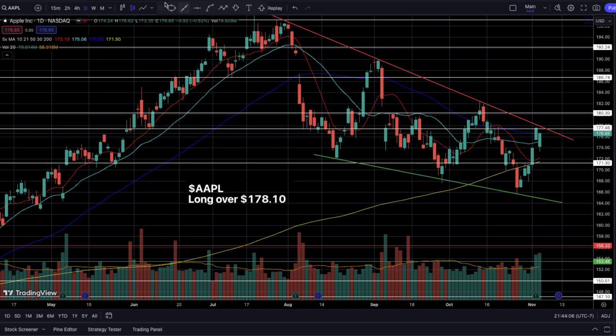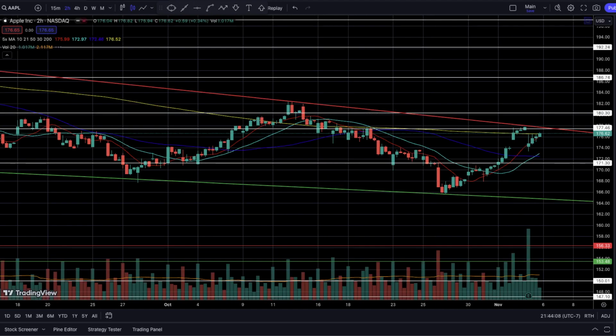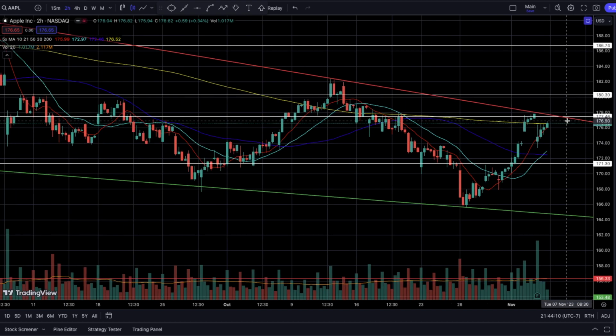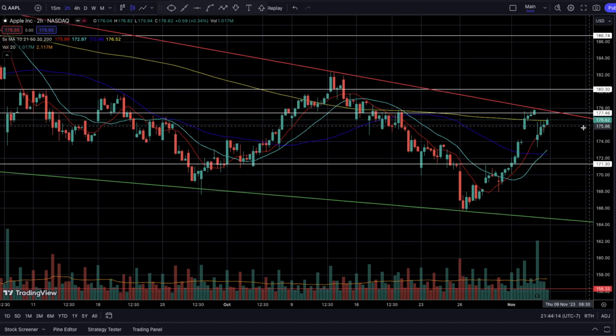Now, obviously, if you go on the 2-hour time frame, we haven't completely filled in that gap down, but this is pretty promising as we made higher highs and higher lows for the entirety of last Friday.